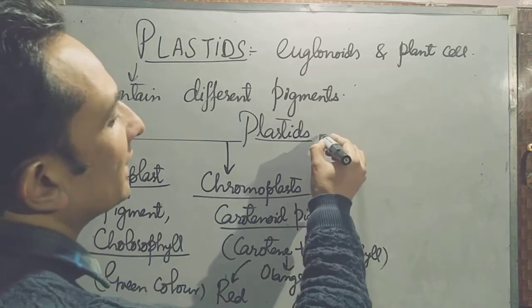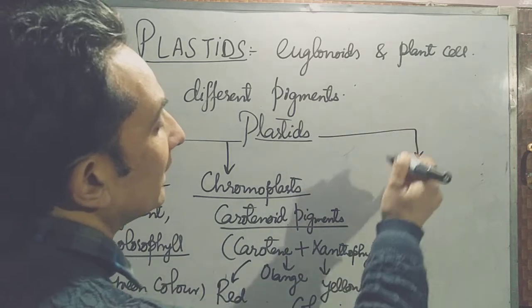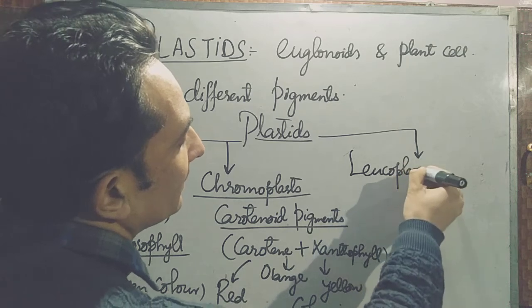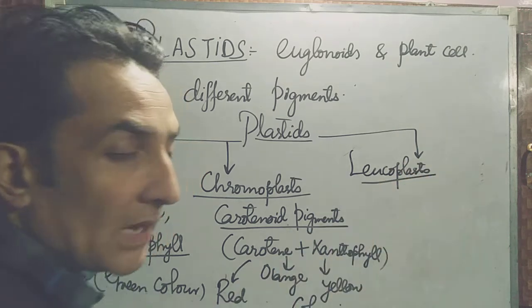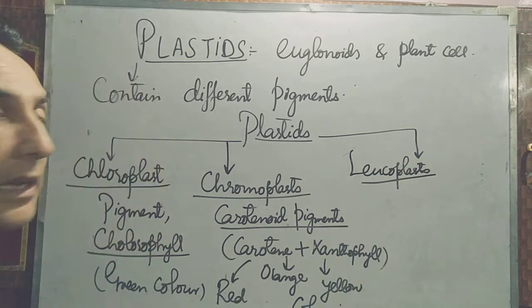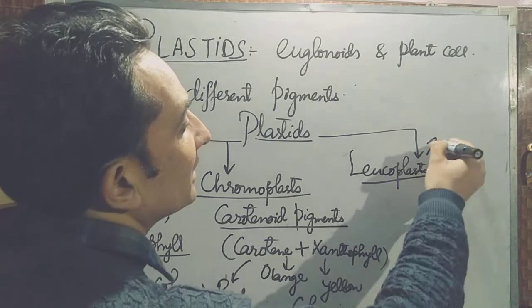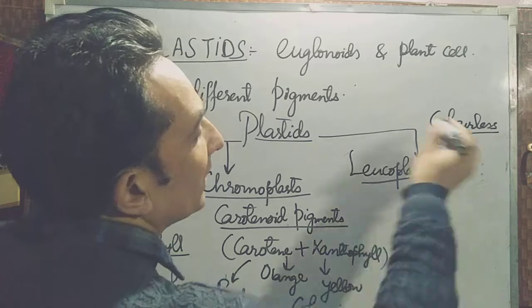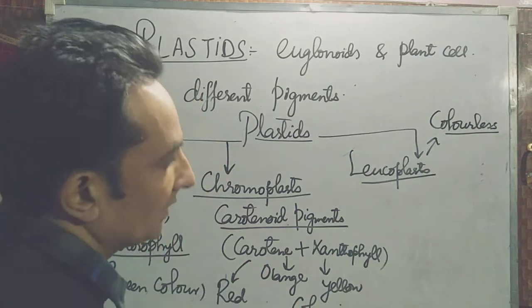Then there's another category which we call the leucoplasts. These plastids do not contain any type of pigment, and as such they are colorless. They don't impart any color.